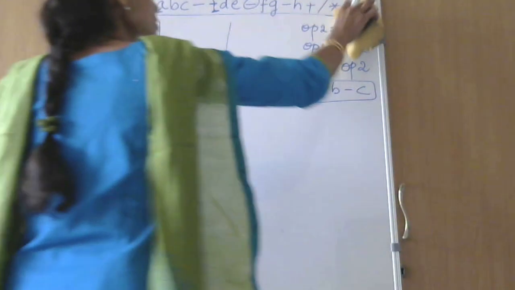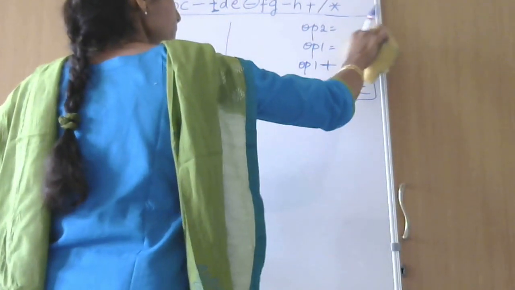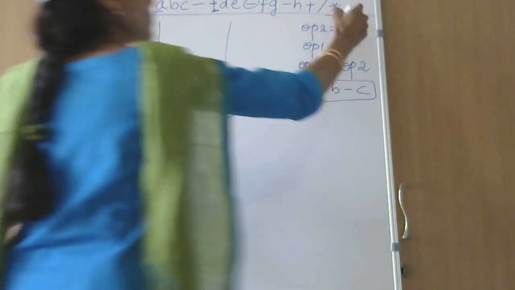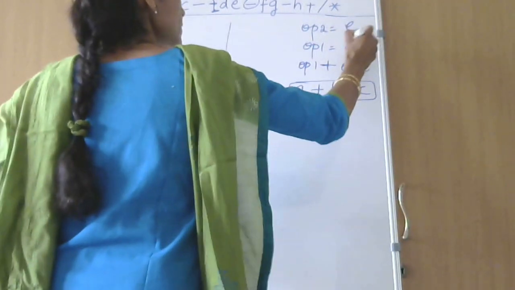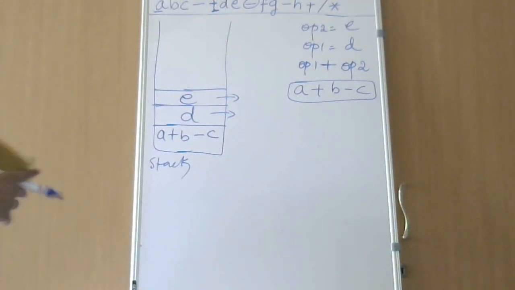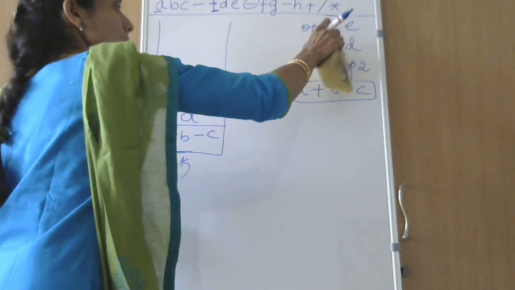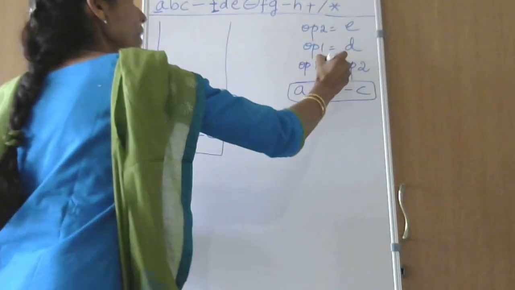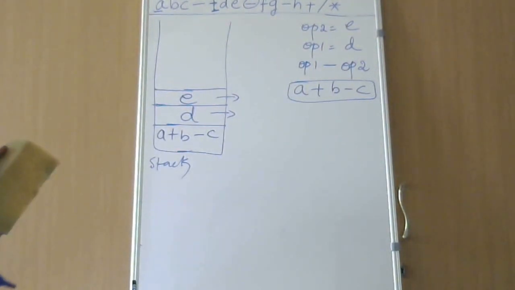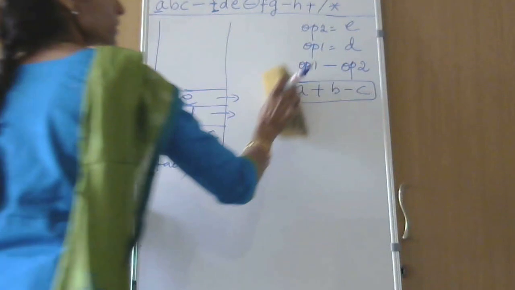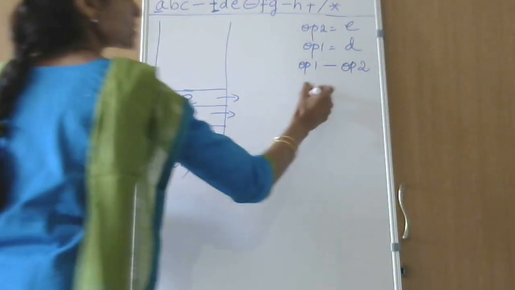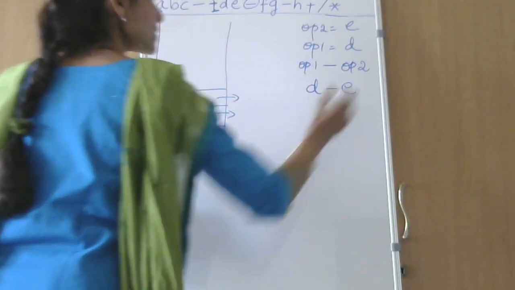So if I pop out and store them in the variables, OP2 will become E, OP1 is nothing but D. Now I perform the operation OP1 minus OP2 because you have a minus operator there. So when I do that, OP1 minus OP2 is nothing but D minus E.